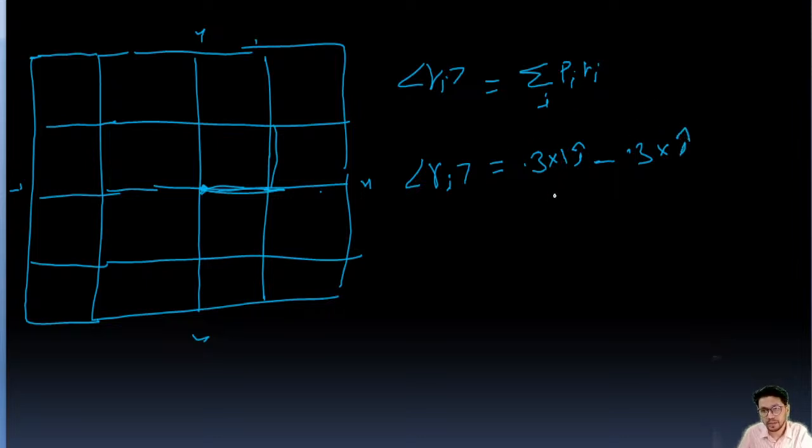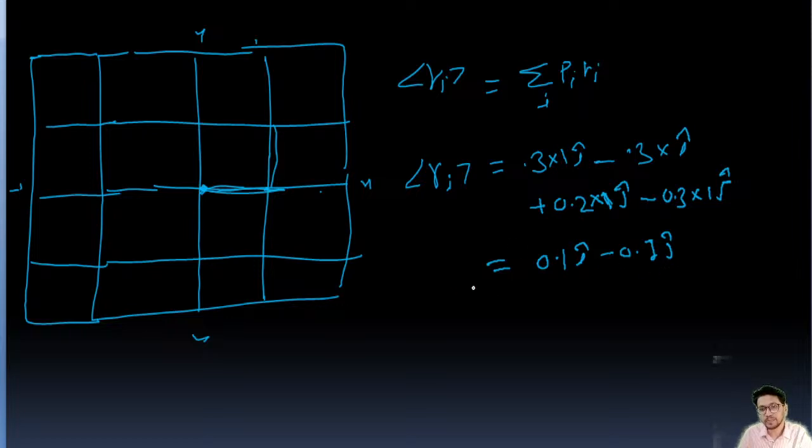Plus the probability of going in the plus y direction is 0.2 into 1 into j cap, and minus 0.3 into 1 into minus j cap, because minus is here. If we solve it, this gives 0.1 i cap minus 0.1 j cap.